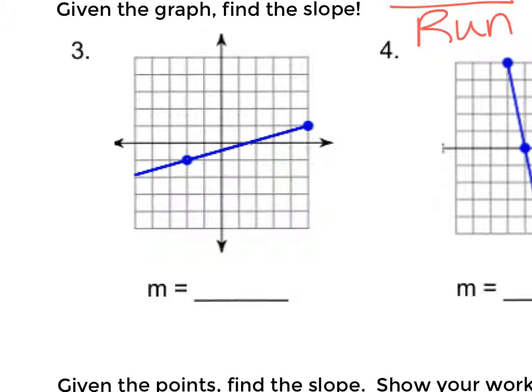We're starting right here. We're going up, count them, and then we're going over. So we went up, what? And over, cool. Up 2, over 7. You don't need to simplify it because it's already simplified for you.